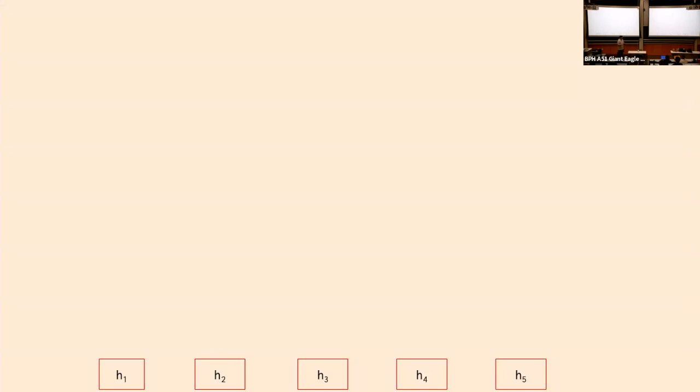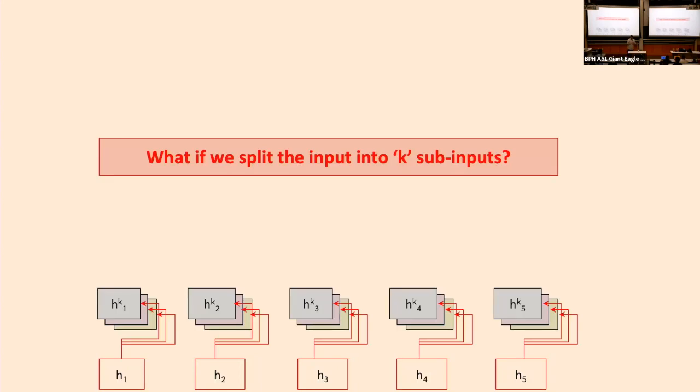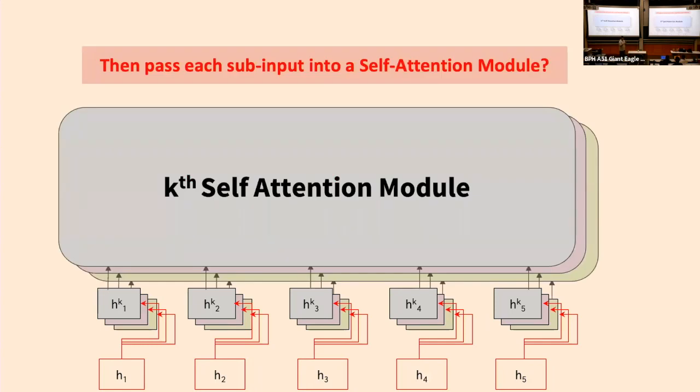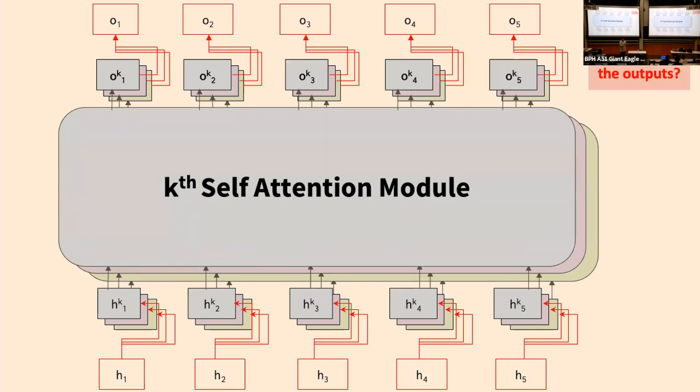And so what we can do is split our input into k equal parts, pass each of the k parts into their own self-attention module, get k outputs, and concatenate all those k outputs together to get our new set of contextualized representations.